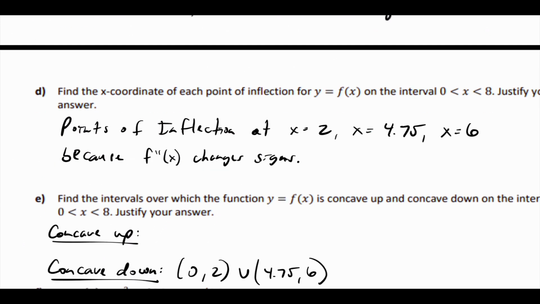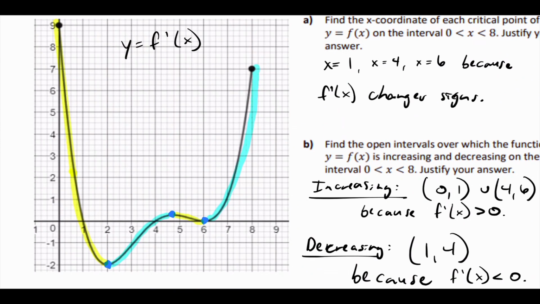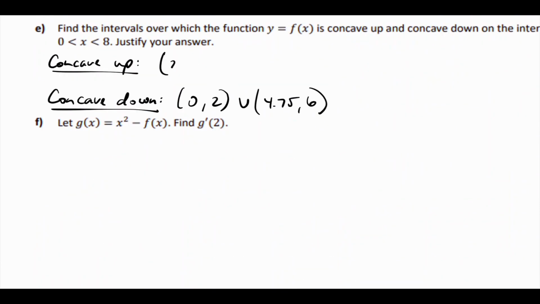The blues are increasing, positive slope. 2 to 4.75 and 6 to 8. Okay. All right, so those are our answers.